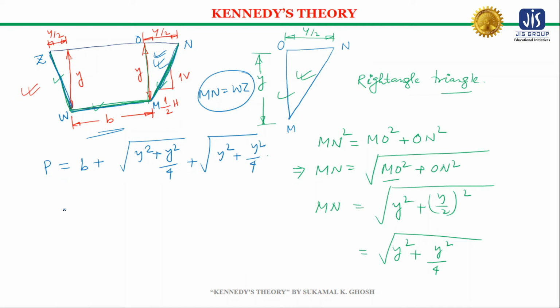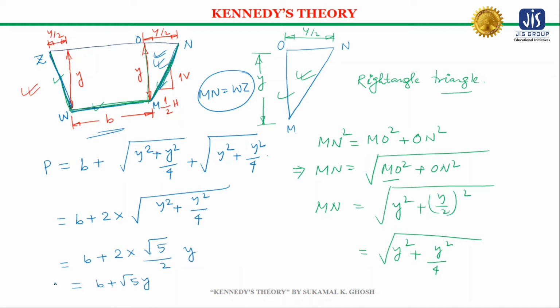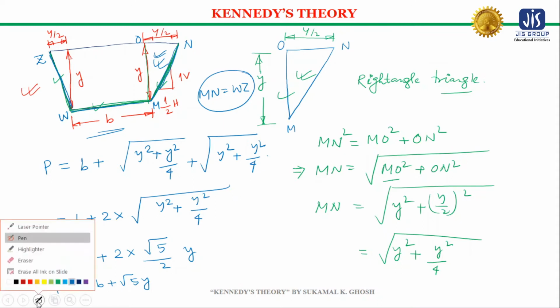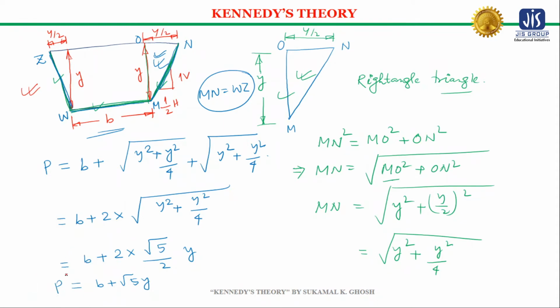If you simplify it, you will have B plus 2 into, again if you solve it, you will have this expression for the wetted perimeter.